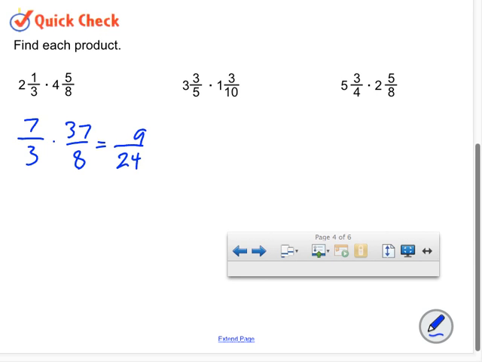So 7 times 7 we saw was 49, right? Carried the 4. 7 times 3 is 21 plus the 4 that we carried, right? Okay, what is the final fraction going to be?